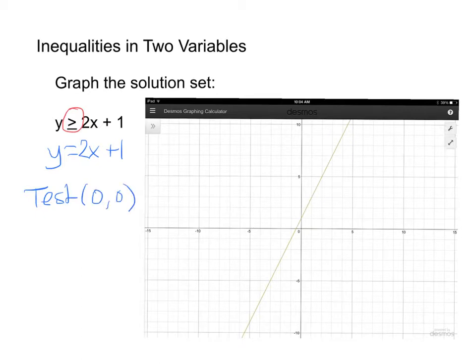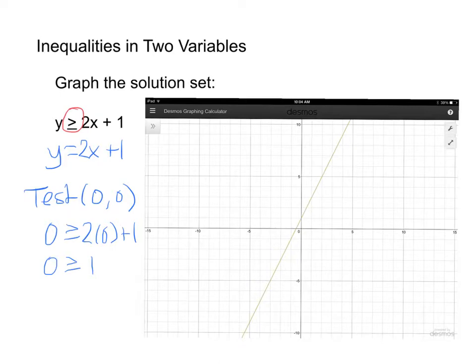I'm just going to take that original inequality and replace both the x and y with 0. And then simplify. 2 times 0 is 0, plus 1 is 1. And I end up with this: 0 is greater than or equal to 1. Is that a true statement or a false statement?